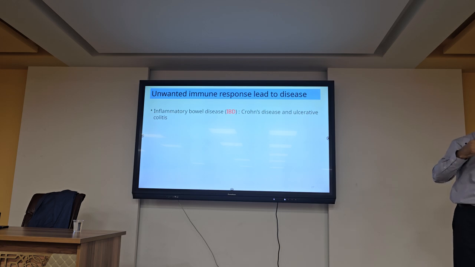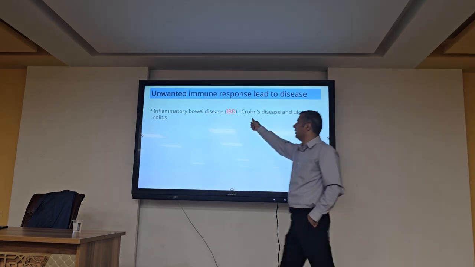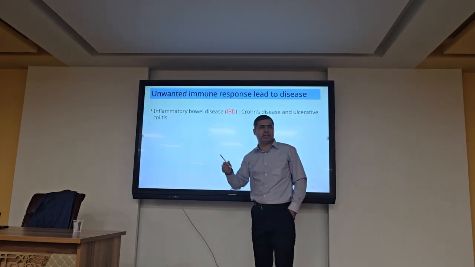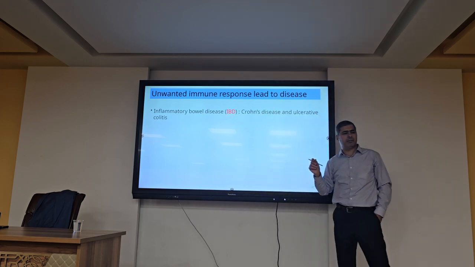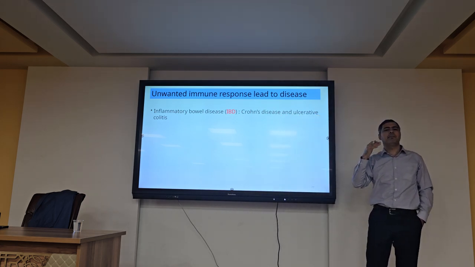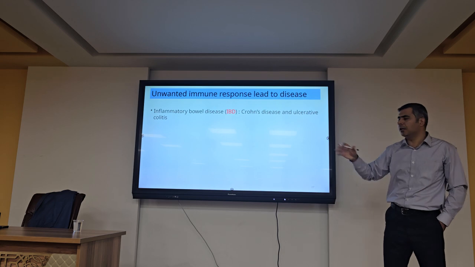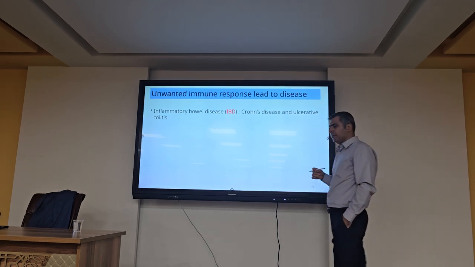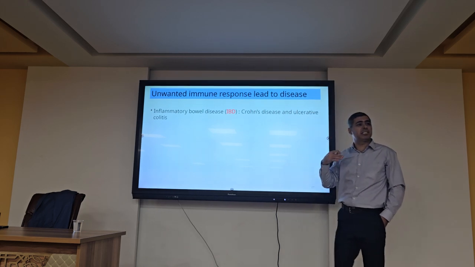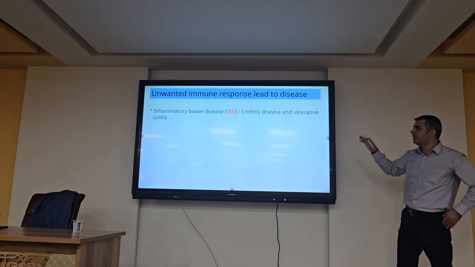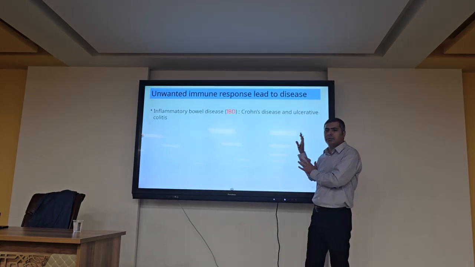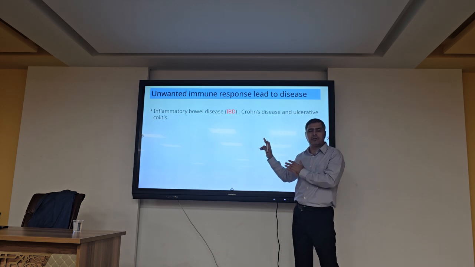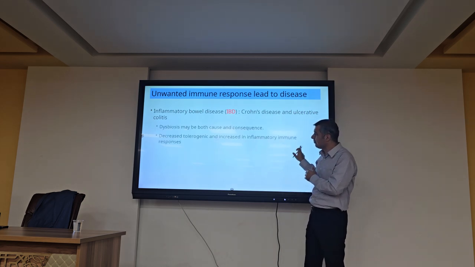We have unwanted inflammation inside the gastrointestinal tract. They are different, but the mechanisms are the same. The main reason for their beginning is unknown. We do not know against which microorganisms the immune response occurs, but there is an unwanted immune response against normal flora in both of them.